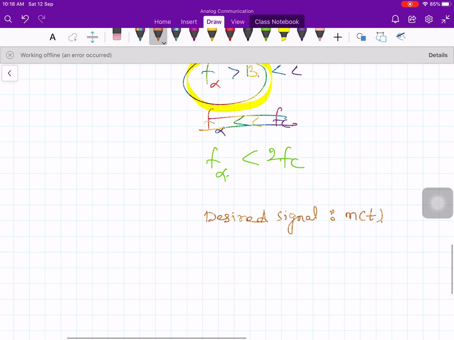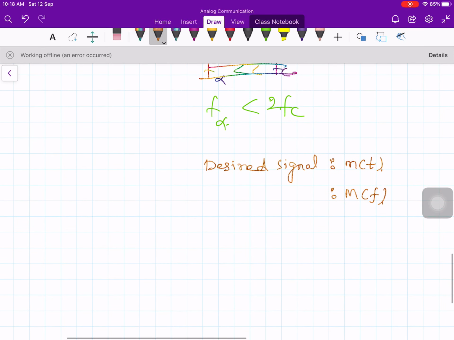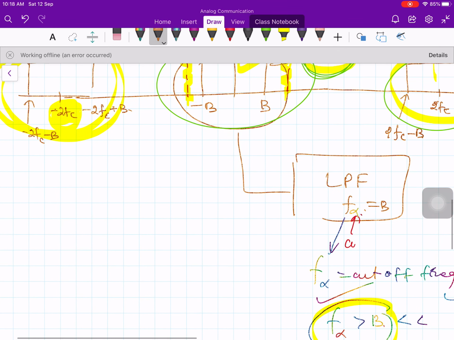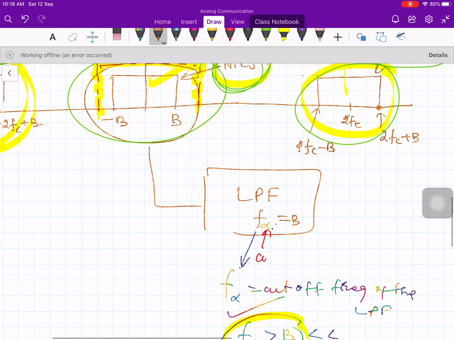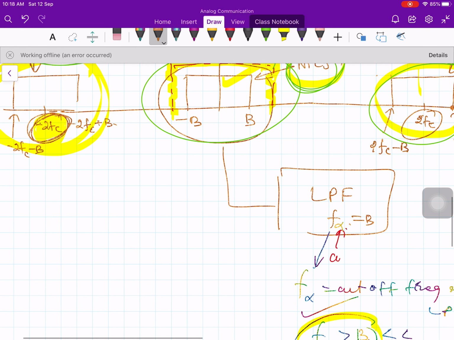Desired signal in the frequency domain, capital M of f. And then naturally the components which are centered around 2fc, this guy and this guy, this is plus 2fc and this one is minus 2fc, both are eliminated by the low pass filter.